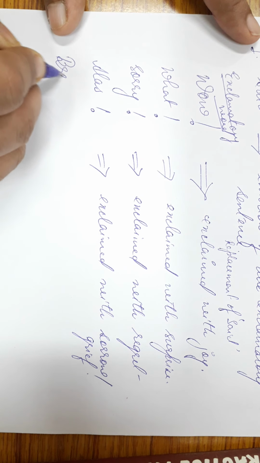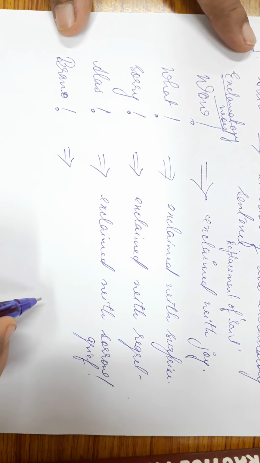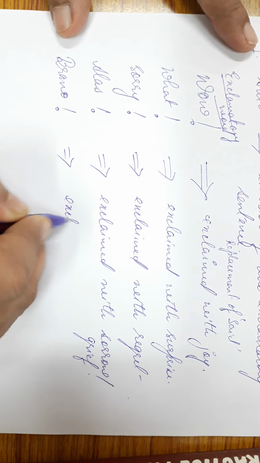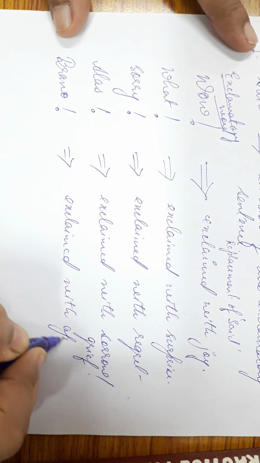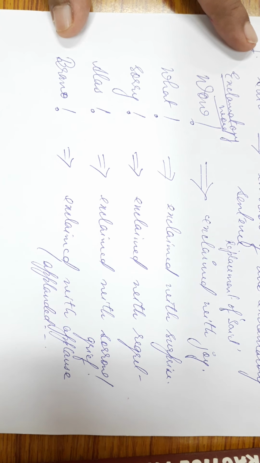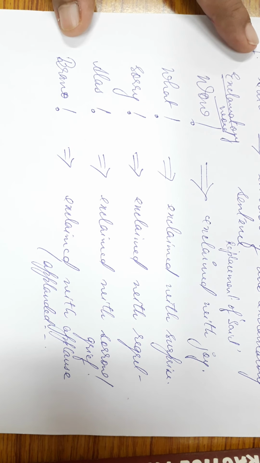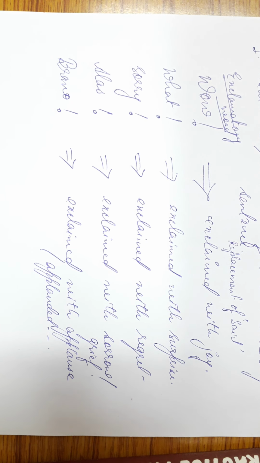If we have the exclamatory word like bravo, that will become exclaimed with applause, or it can simply become applauded. Okay? Now, there are many possibilities. I've just given some examples, but there are many exclamatory words which are possible and the corresponding conversions.